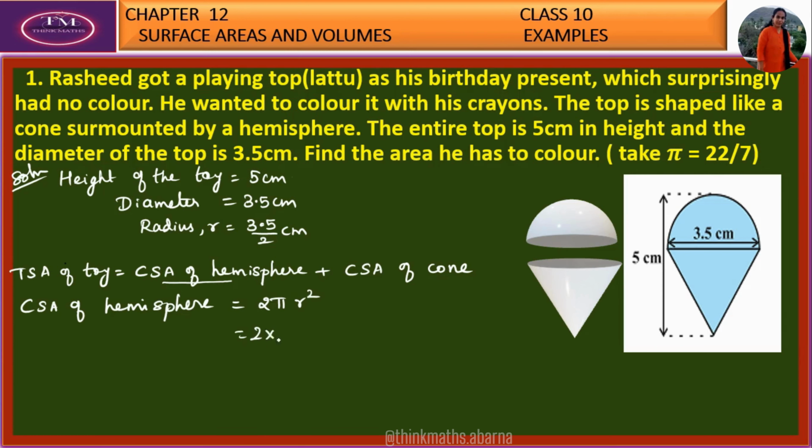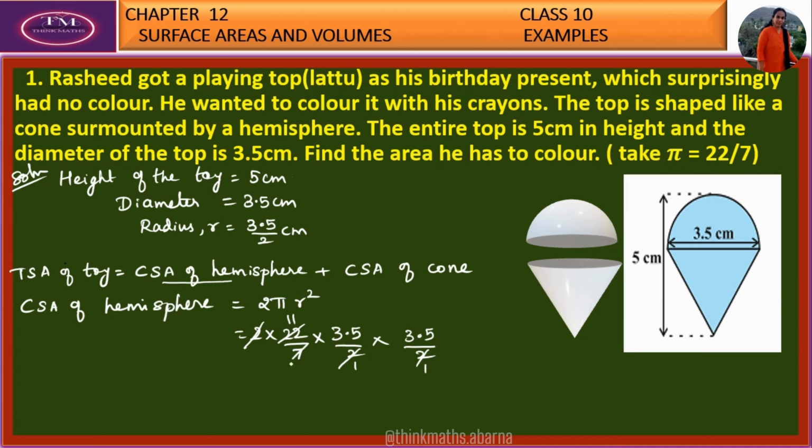So 2 into pi value, which is given as 22 by 7, radius is 3.5 by 2 into 3.5 by 2. So we can cancel this 2: 11 2s are 22 and 1 2s are 2. Okay, children.